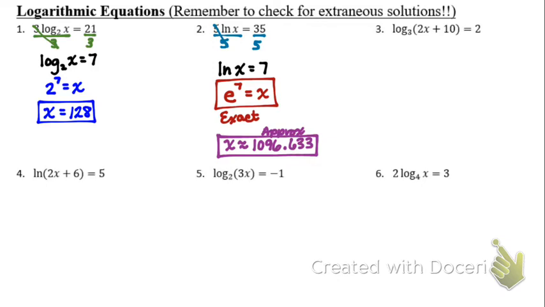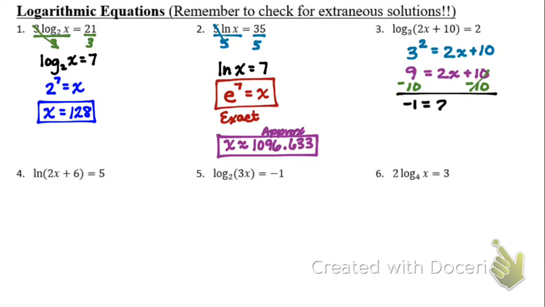How do I rewrite this as an exponential? 3 squared equals 2x plus 10. And then what? 9 equals 2x plus 10. Subtract 10 from both sides. And then divide both sides by 2. So x is negative 1/2.